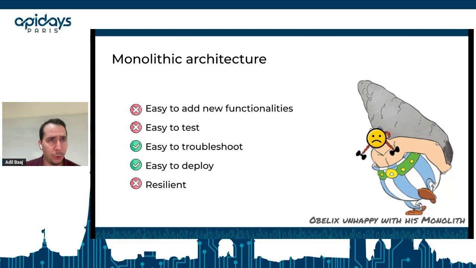Although in the beginning it can feel very convenient and easy, very quickly as the code base grows, it becomes much, much harder to add new functionalities and to add tests. As it is organized and deployed as a single unit, it is still rather easy to troubleshoot and to deploy. However, since it's a monolith, it is less resilient than some other options.